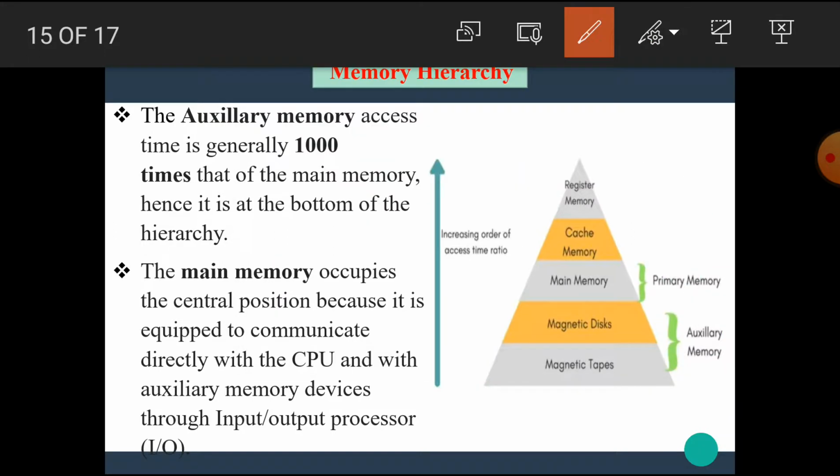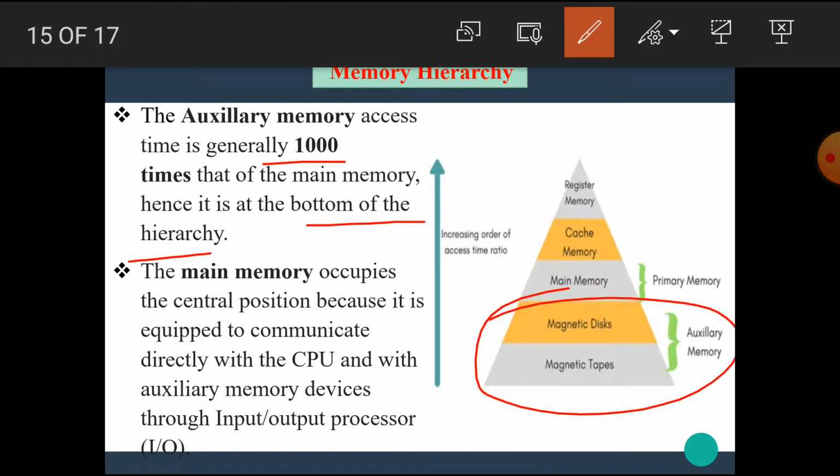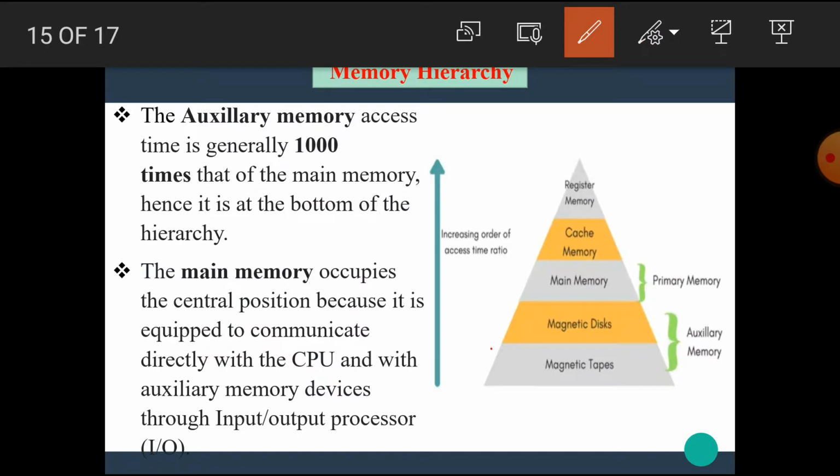The auxiliary memory's access time is generally 1000 times that of main memory, hence it is at the bottom of the hierarchy. The main memory occupies the central position because it is equipped to communicate directly with the CPU and with auxiliary memory devices through the input output processor. It has higher access time, hence it is at the bottom of the memory. The primary memory is at the center to communicate directly with the CPU and these auxiliary memory devices.